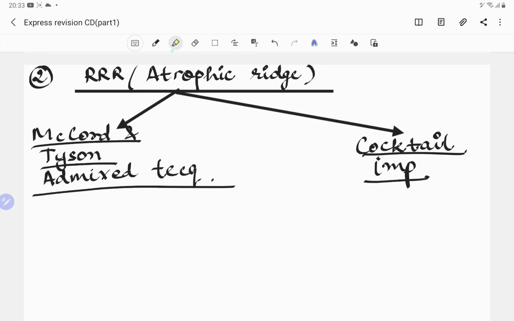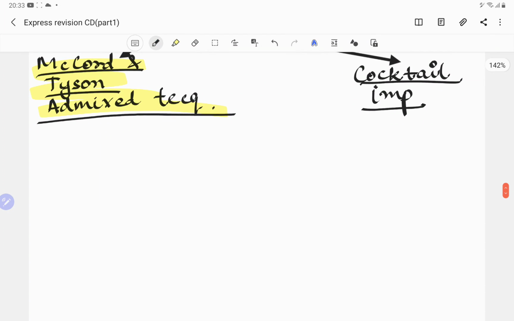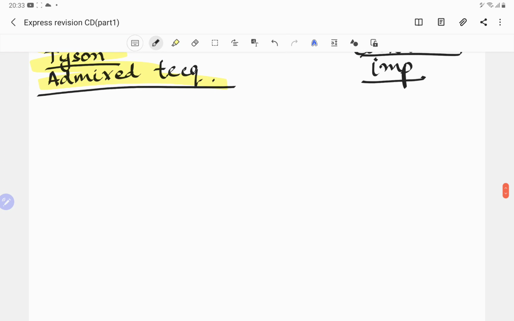Very important, McCord and Tyson, we are going to take 2 materials. We use it for an atrophic or flat mandible.